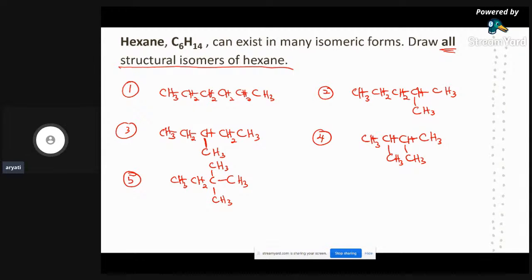Okay, so I think there are 5 isomeric structure for C6H14. Okay. Sebab kalau kita ubah this one, pindah kat sini, dia dah jadi structure yang ini sama. Okay, so yang tak adalah.